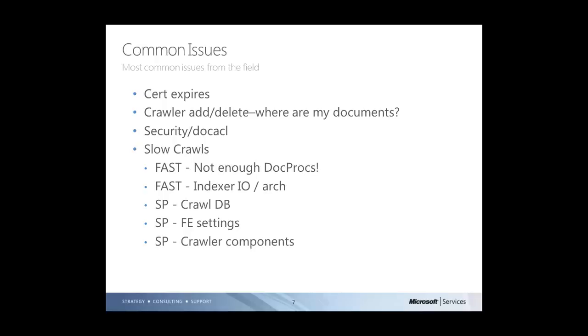Okay, what's next here? Indexer I/O. So, indexer I/O architecture. The way FAST indexes is once it gets the information all the way through the feeding chain, this is the last part of the feeding chain. And usually it's one of the largest bottlenecks. The reason is that it's extremely I/O intensive.